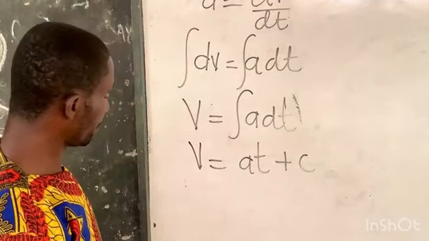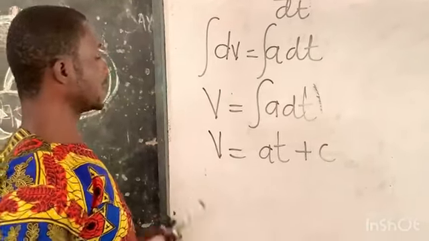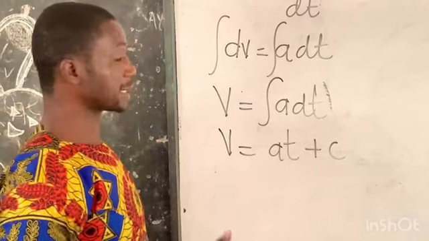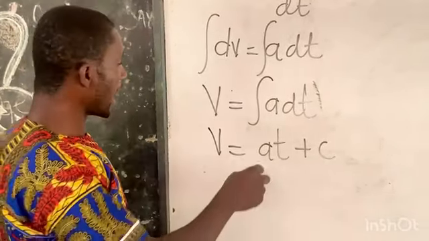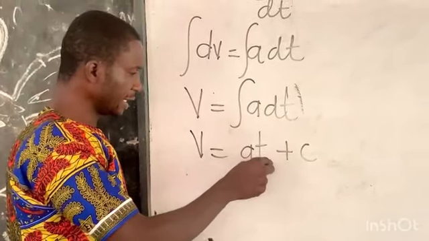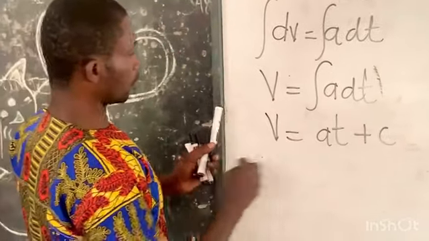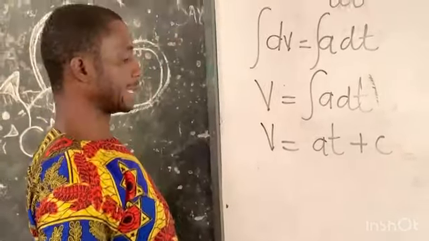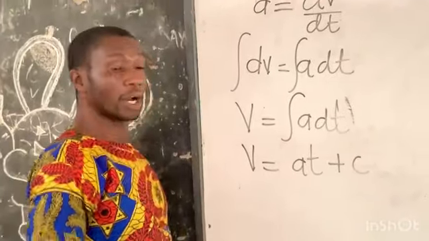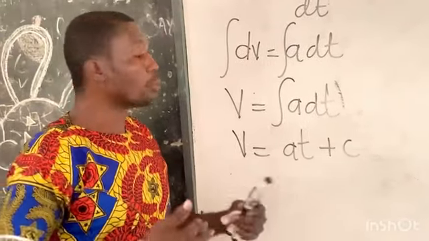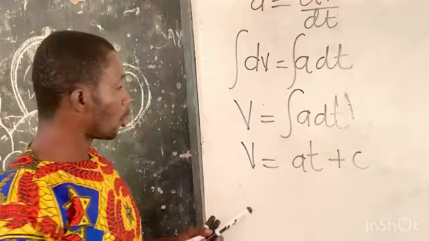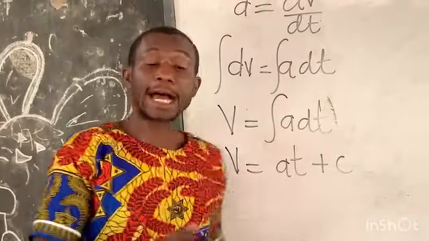Now, what is very important here for us to understand is, as t is equal to 0, what will be the value of c? Initially, when there's no movement, time doesn't count.